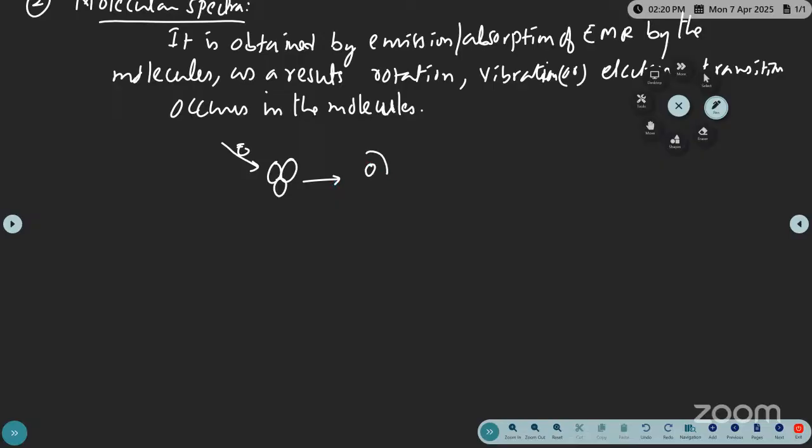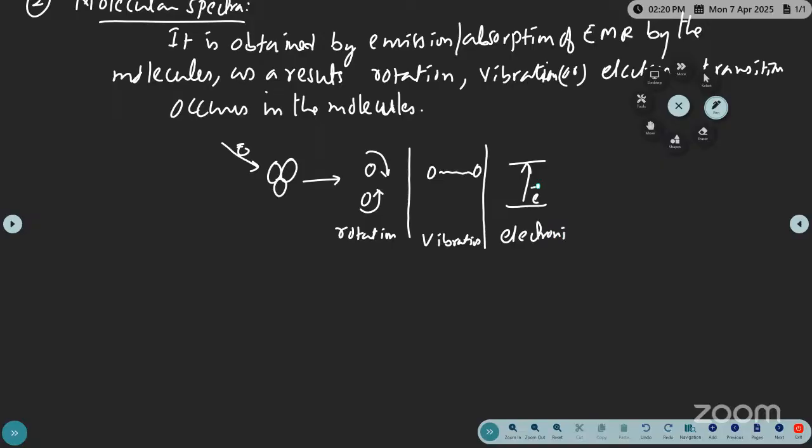The atoms may be involved in rotation, or may vibrate between the two atoms, and electronic transitions may take place. So three types of transitions occur in the molecule. This is rotation, this is vibration, and this is electronic transition. Okay, and next, Beer-Lambert's law.